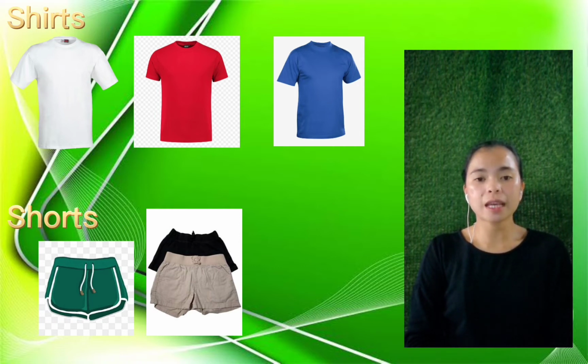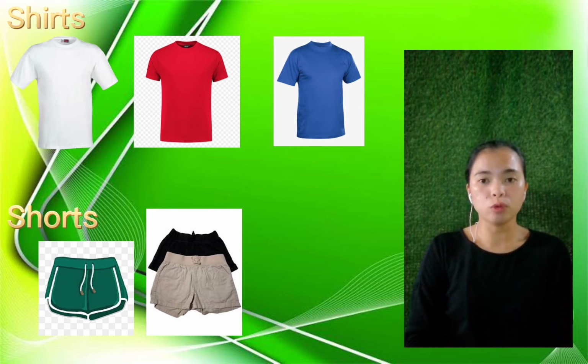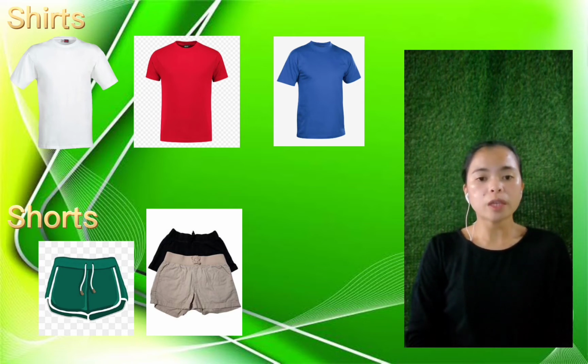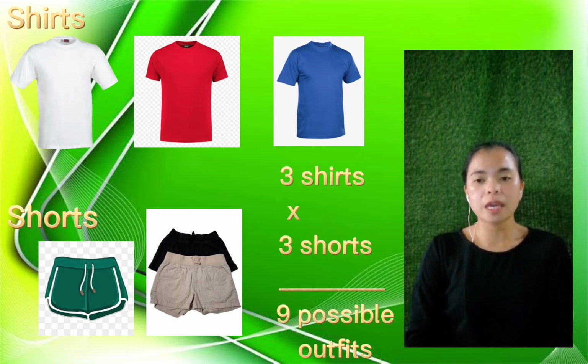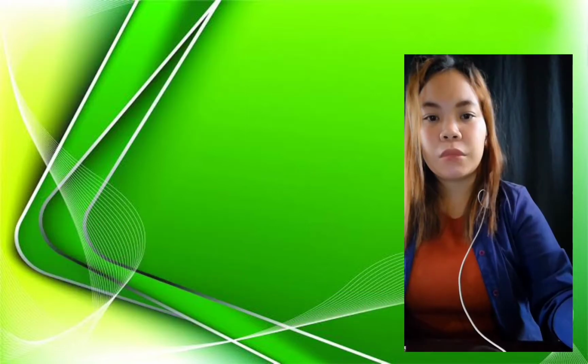We have red, white, and blue in our shirts, and in our shorts, we have green, black, and khaki. We are going to multiply it. 3 times 3 is equal to 9. So, the possible outfits of Sophia is 9.